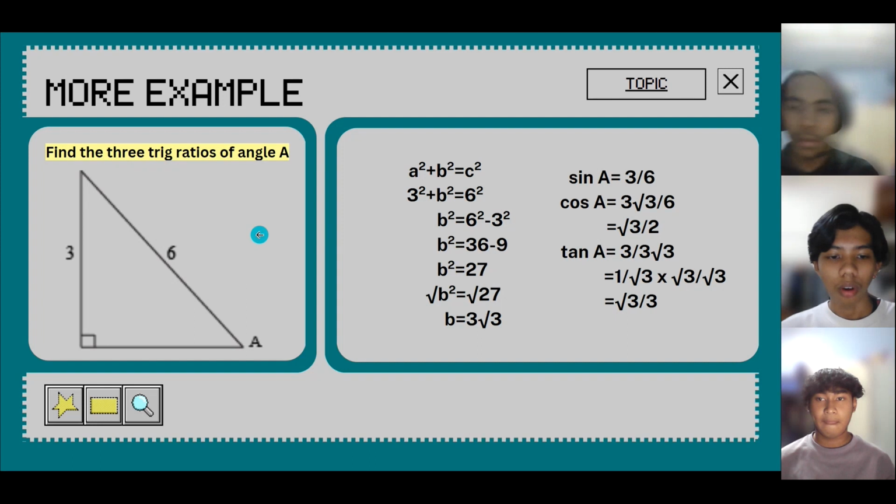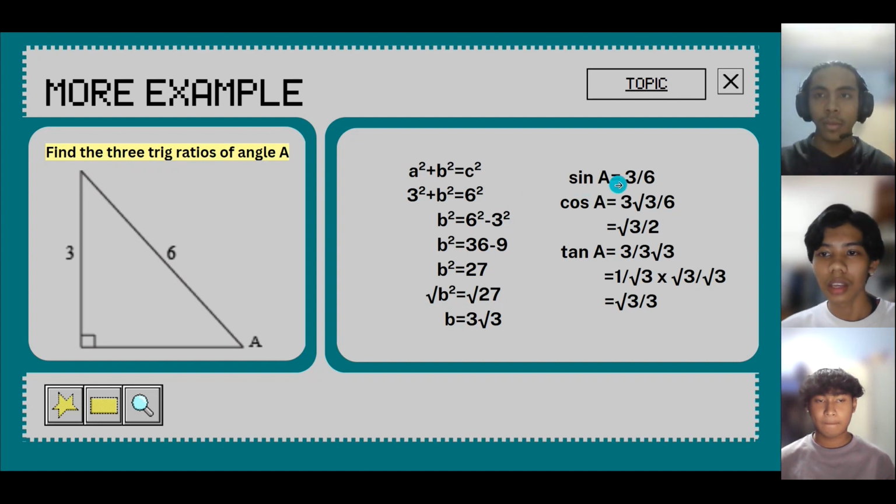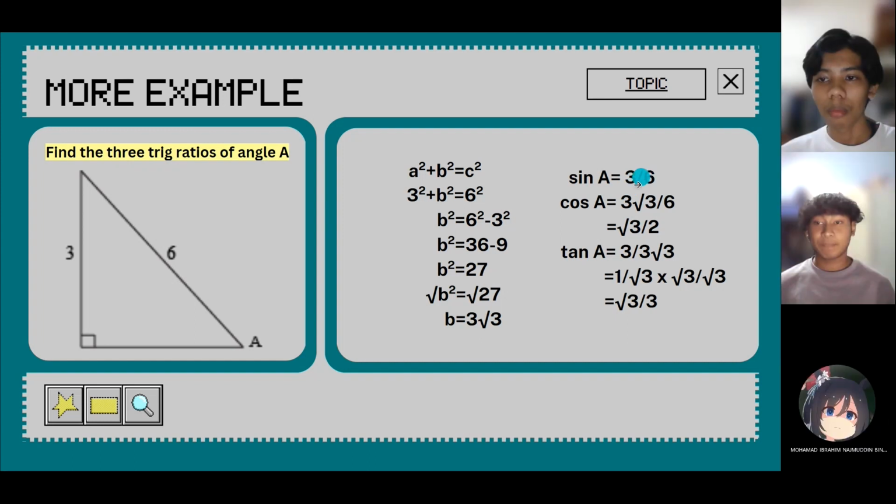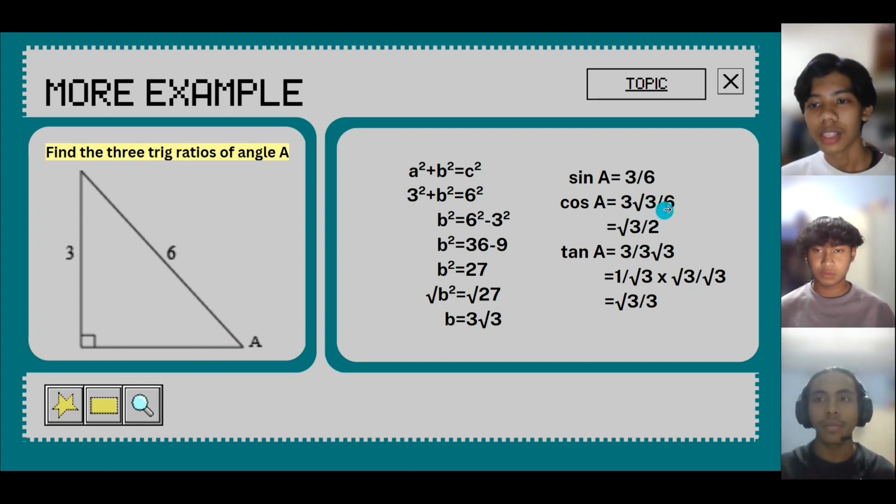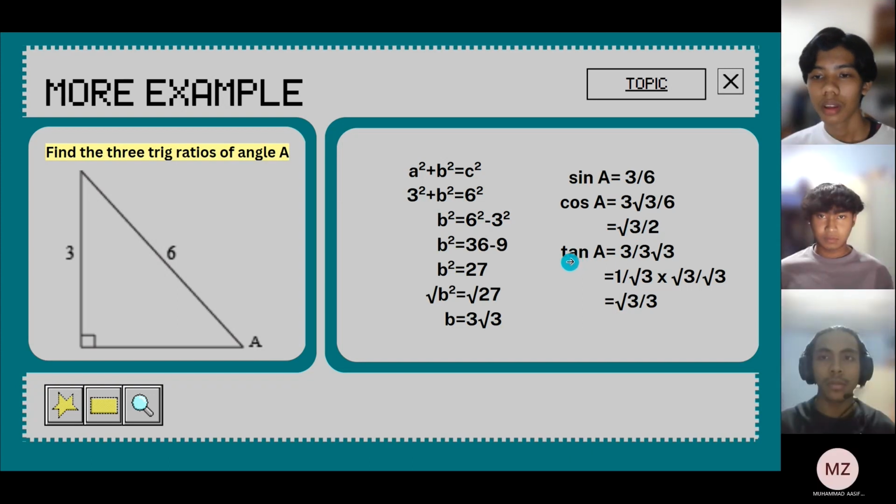Using SOH CAH TOA, we should finish the problem. So sine A equals 3 over 6. Cos A equals adjacent over hypotenuse. Sorry, cos A equals 3 square root 3 over 6, which equals square root 3 over 2.